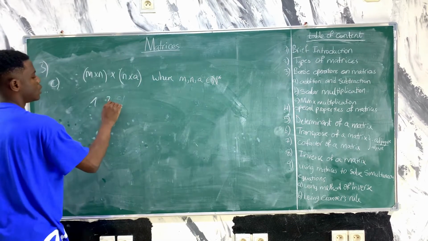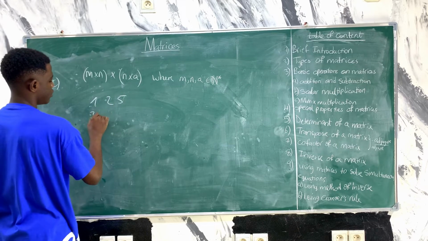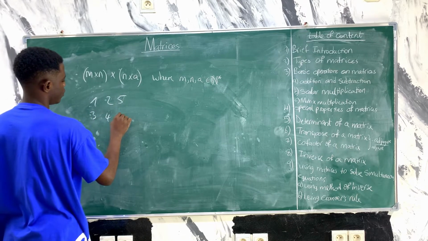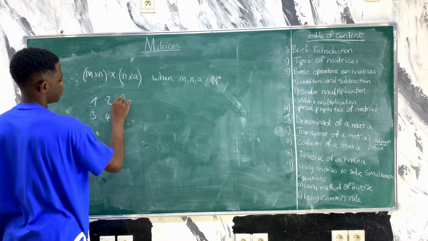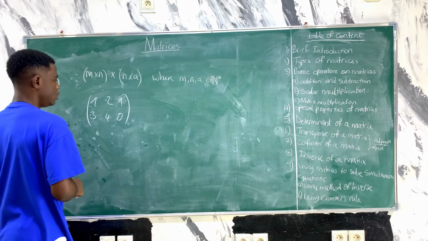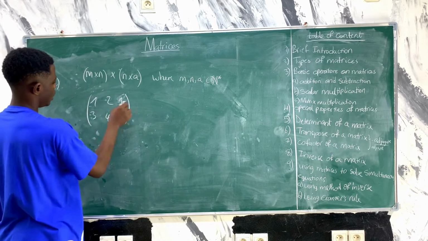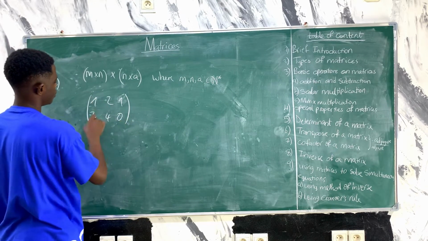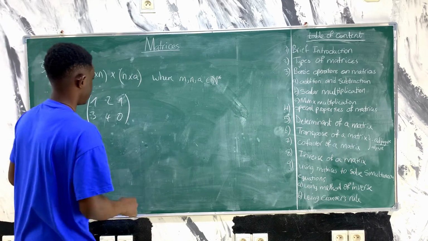Let's say 1, 2, 5, 3, 4, 0, 1, 2, 1. I'm trying to run away from big numbers. Here you can see you have 2 rows and 3 columns.